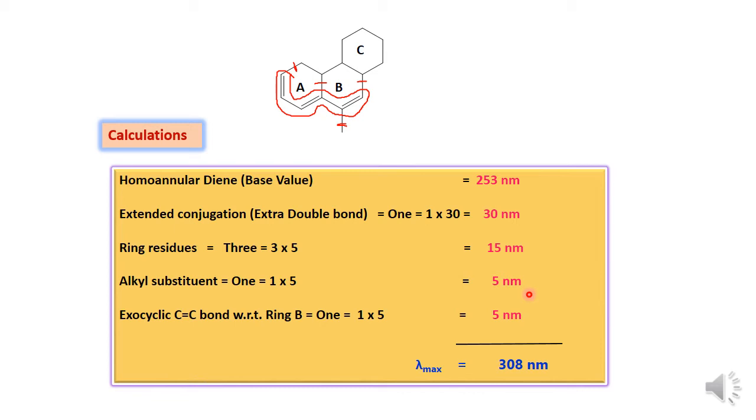As per the rule, exocyclic means outside the ring, the double bond which is outside the ring and which is directly attached to that ring. So here you can see the ring A, and we will see the outside of this ring. There is a single bond, there is a single bond.